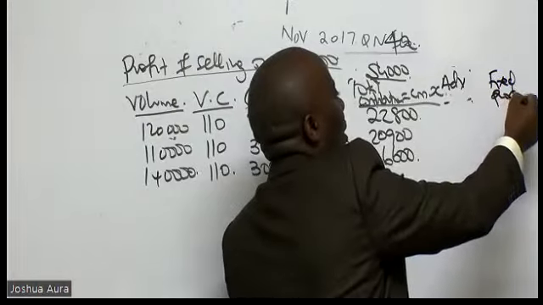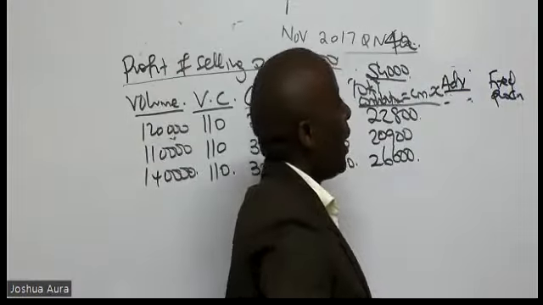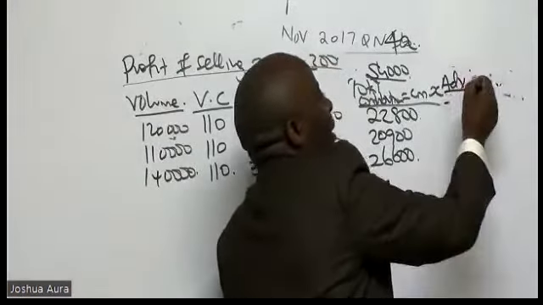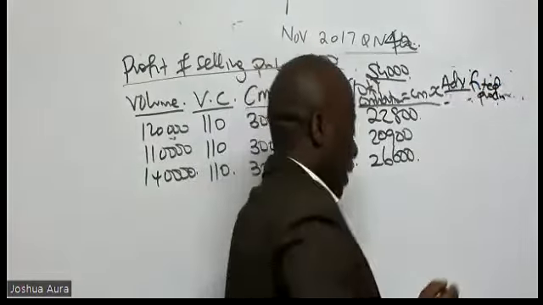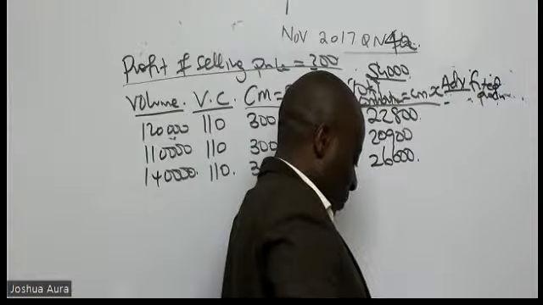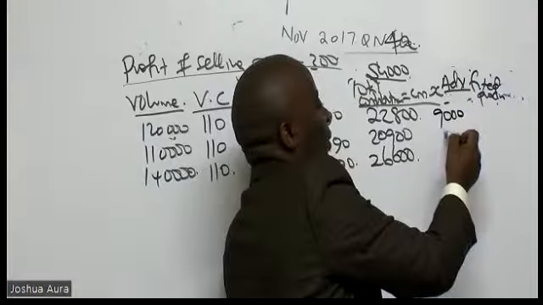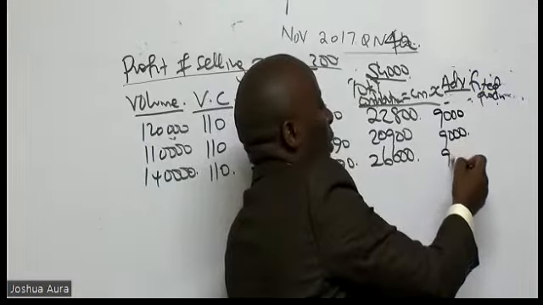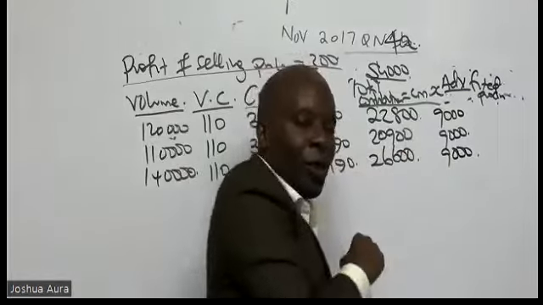The advertisement cost for the price of 300 is going to be 9,000 throughout, regardless of the level of production.